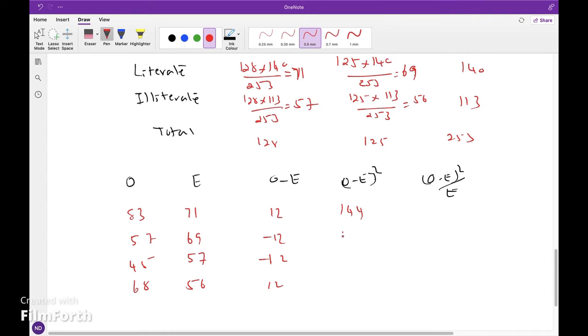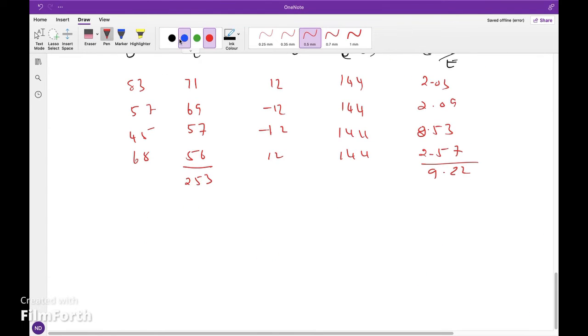So 144, here also 144, divided by each expected value gives 2.03, 2.09, 2.53 and 2.57. The total is 9.22. The expected total is 253. So chi-squared, the summation of O minus E the whole squared by E, is equal to 9.22.